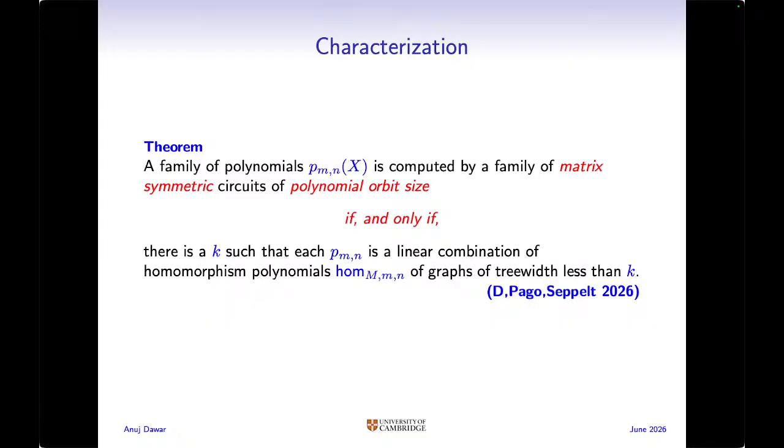There are plenty of open questions here. I gave you a table of results specifically for the determinant and the permanent, but you can vary the symmetry group, and you can ask questions. I think what the table is showing you is that there's a trade-off between the amount of symmetry and the size of the circuits you want. So there's a lot of variation to explore there. What are the symmetry groups?